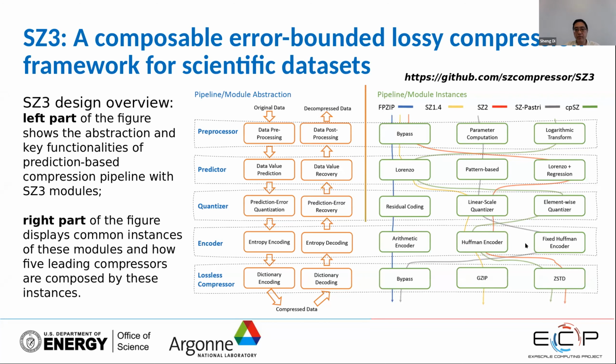On the right-hand side figure, you can see that different compressors actually are composed of different compression stages. For example, SZ2 is the right curve here. It composes the Lorenzo plus regression as the predictor, the linear scale quantizer, and Huffman encoder and Zstandard. So we decompose the stages for users to be able to customize different compression pipelines very simply.